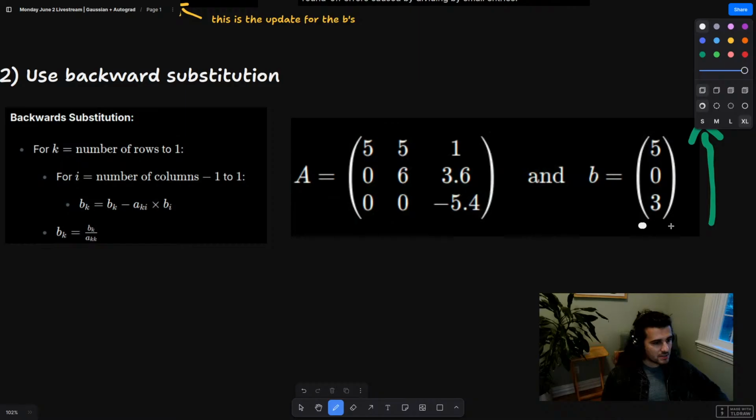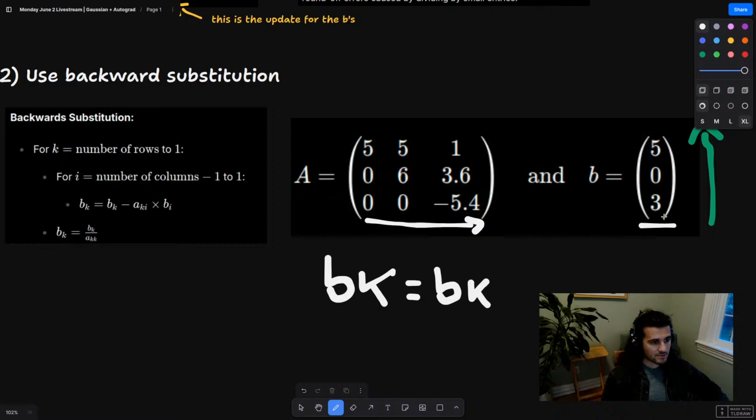So we start here, and we're always doing all of them like this. We say bk, and we accumulate that here, equal to bk, where we're at, so here it's 3, minus, and then we take that number first, times b at i.